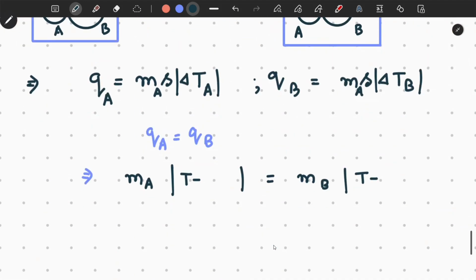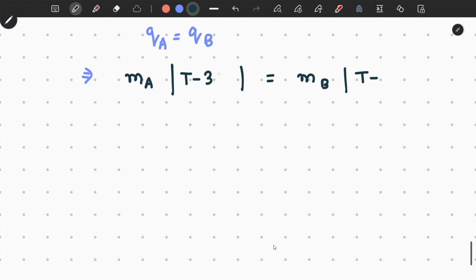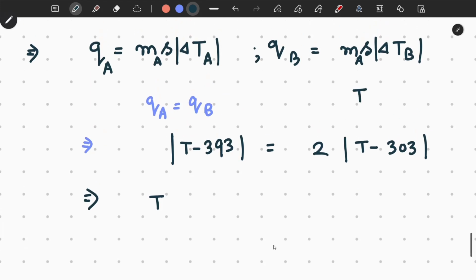So here it will be 393 and it will be 303. And MA is 50, MB is 100. So you can write it like this. Eventually T should lie between 303 and 393.